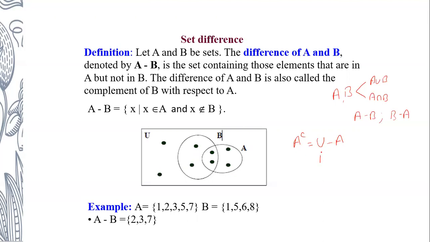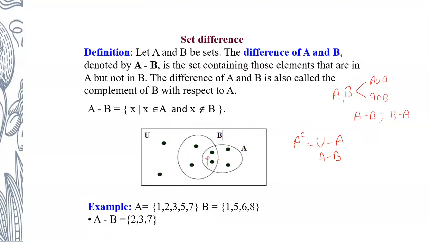Now this is similar to how you define A minus B. When you take A minus B, I want the elements of A but do not belong to B. For example, these are the four elements of A. But I want those elements of A which are present in A but not in B. If you take these two, even though they belong to A, they also belong to B, so we don't consider them.